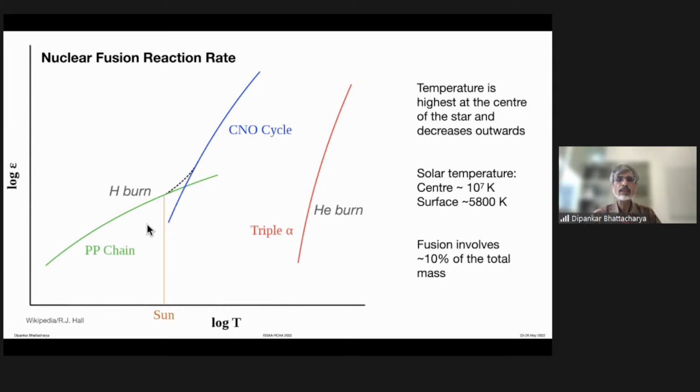In case of the sun, it is about 10% of the total mass of the star. The rest, 90% of the total mass of the star, is not involved in fusion reaction. So no change in composition is happening in 90% of the star. Only in the central 10% of the mass is there a change in composition with time, hydrogen going to helium, because of nuclear fusion.